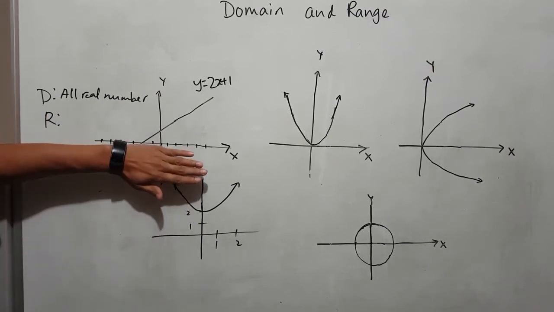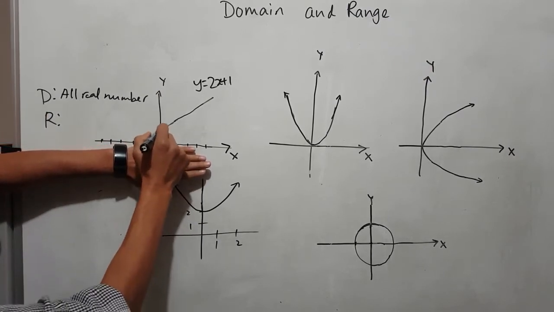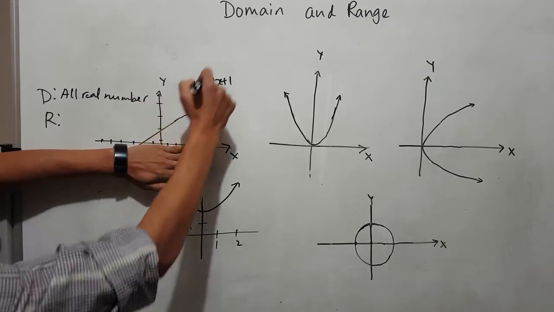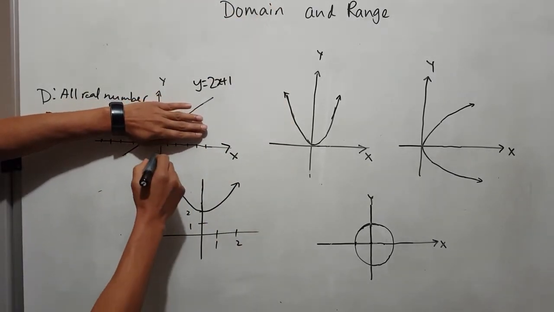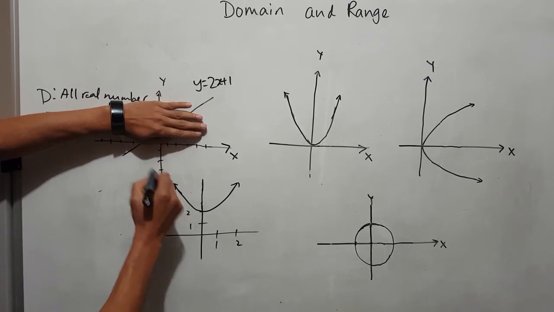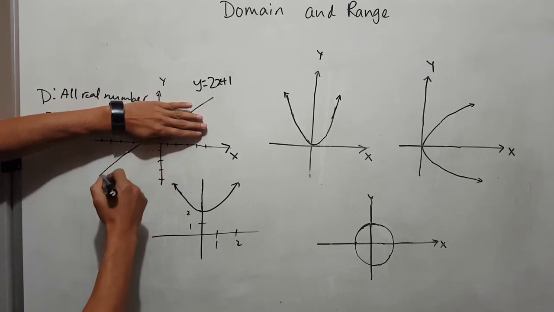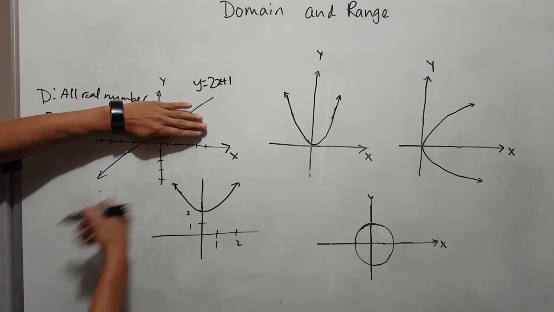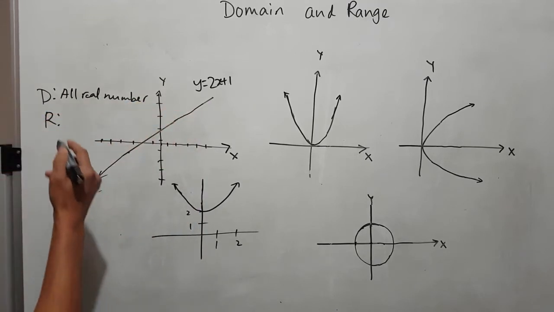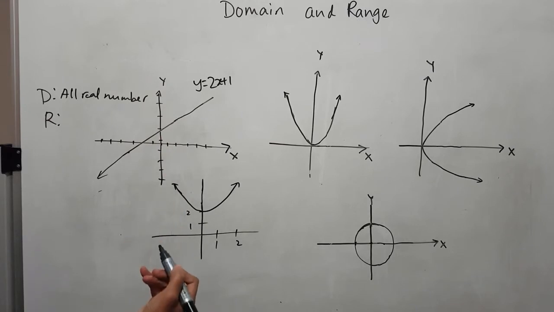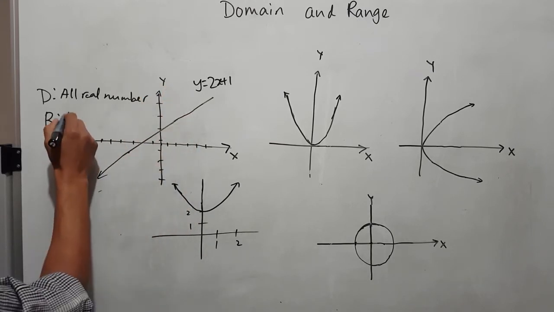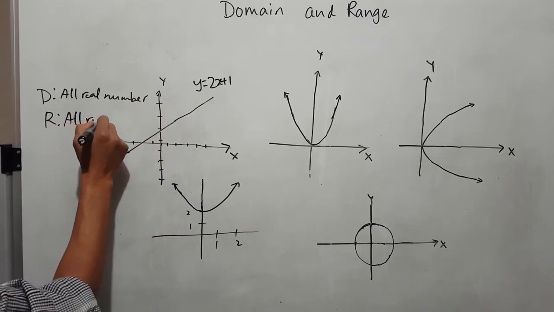If you hide the negative side of y, you can see your graph is going all the positive side of y. If you hide the positive side of y, you can see your graph is coming down to the negative side of y as well. It's not stopping, it's going on to negative infinity. So again, any number is possible for y in this line. So it means all real numbers.